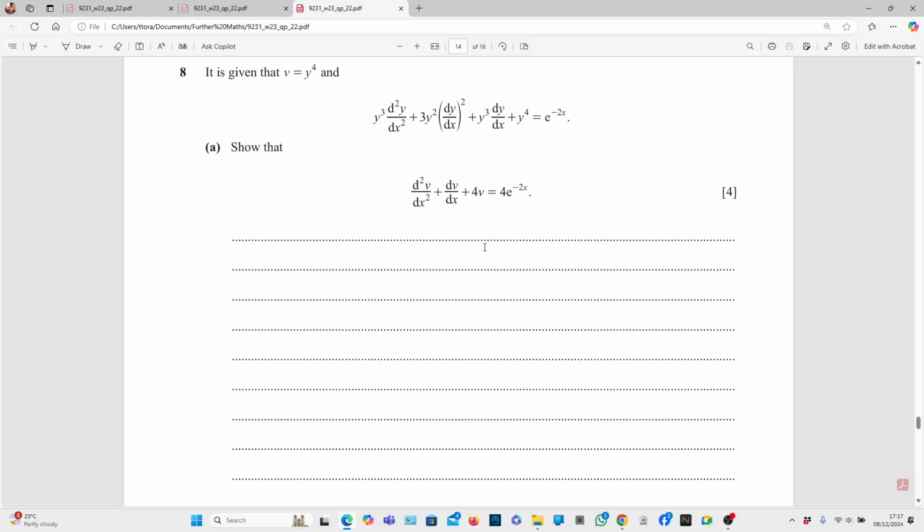The real part is alpha, and beta is the imaginary part of the root. So once you substitute those roots into the equation, you should be able to get your complementary function.